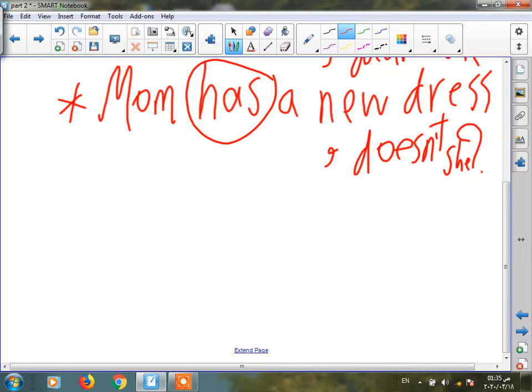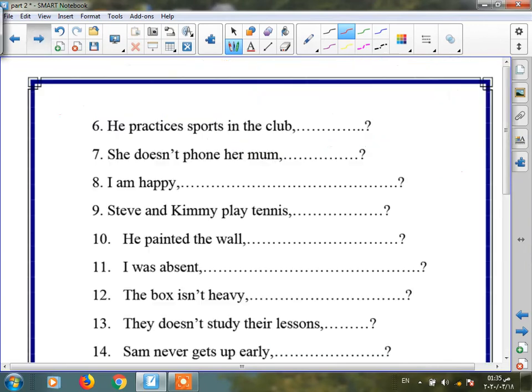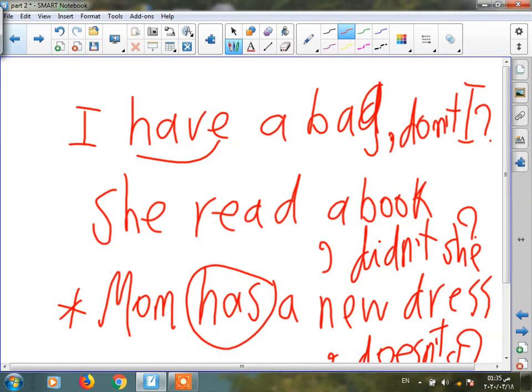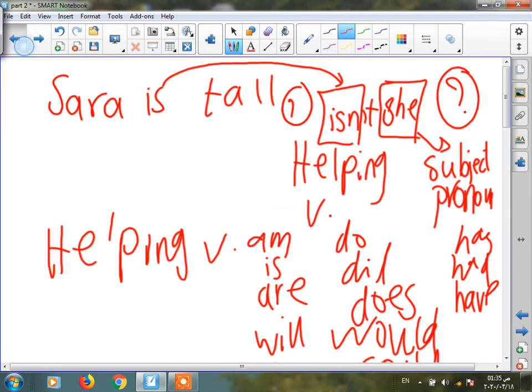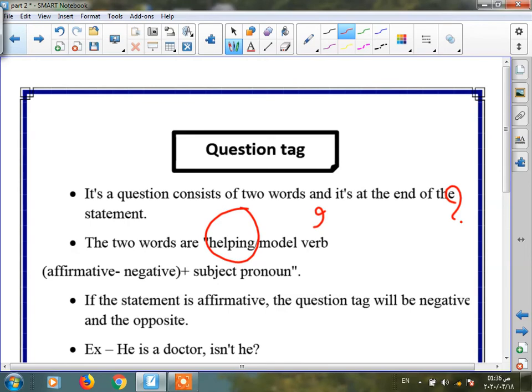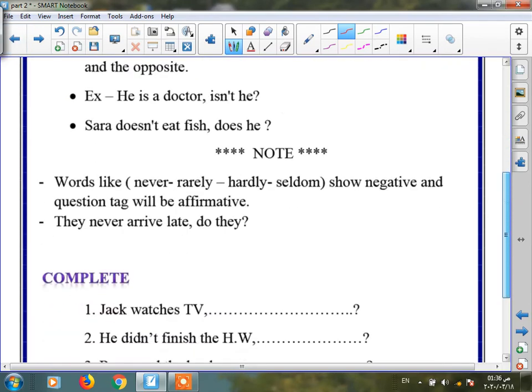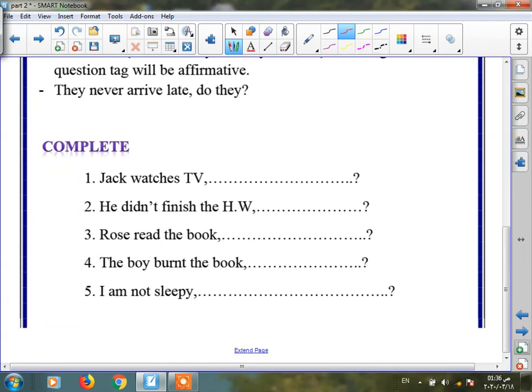Okay, now let's try to answer some examples from our booklet. Let's open the booklet. Yes, here question number 1. Let's read it. Jack watches TV.